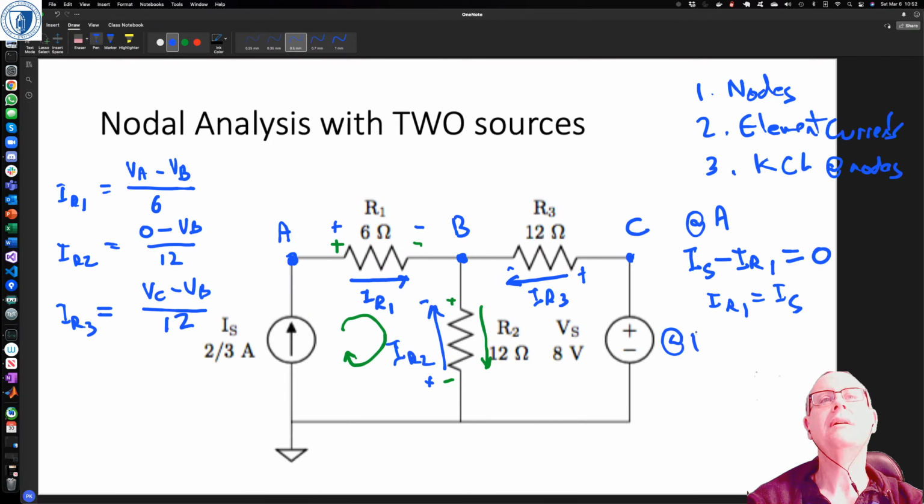At B, and remember I chose my element current directions explicitly to be able to write all of these in a positive manner, it's IR1 plus IR2 plus IR3 equals 0.